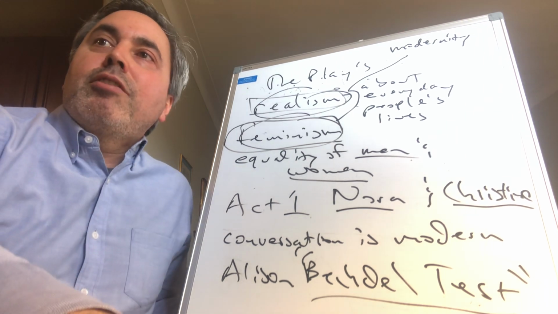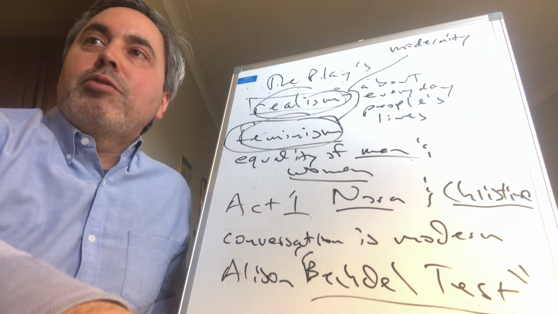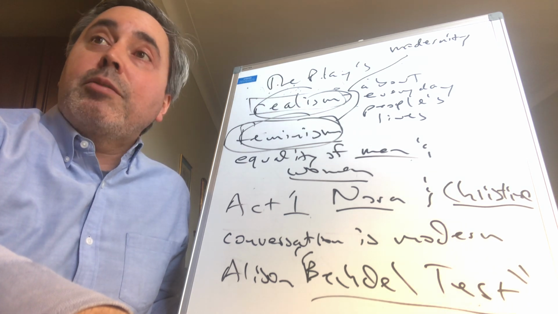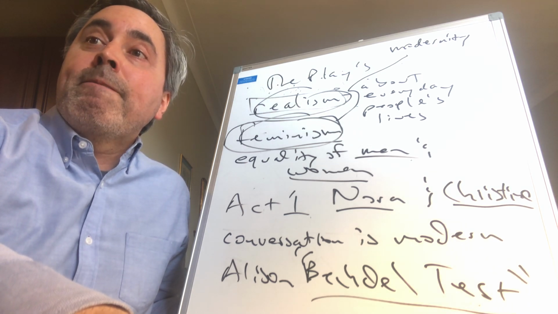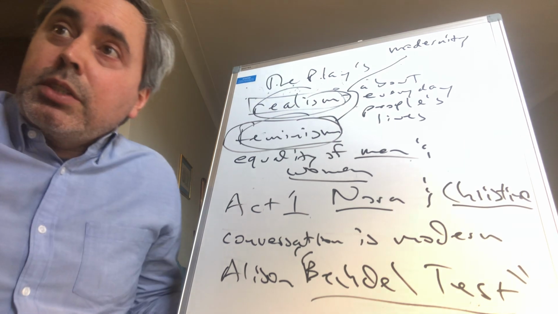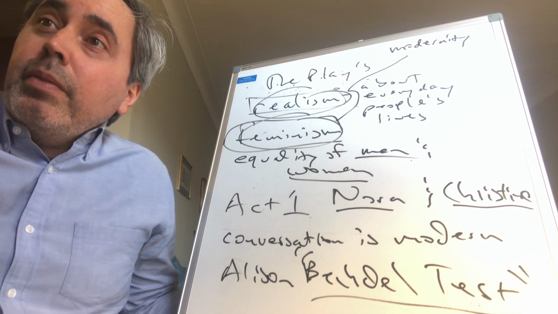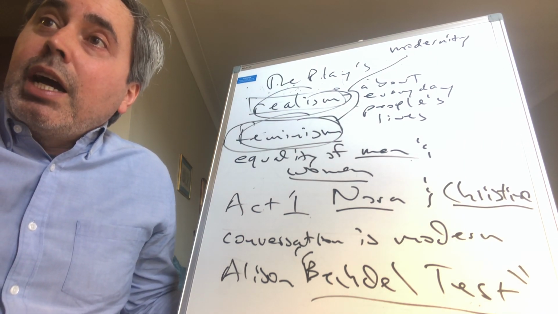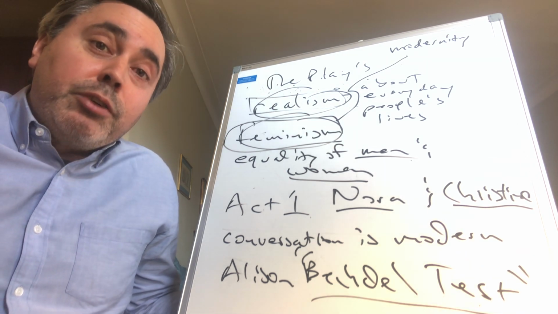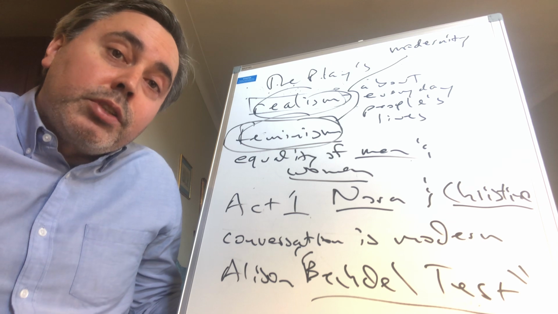I just want to point out some illustration of this on page 5 overall of the text, about halfway down the page. Nora says to Mrs. Lynn, this is her friend Christine, who's come to the little town Christiana.